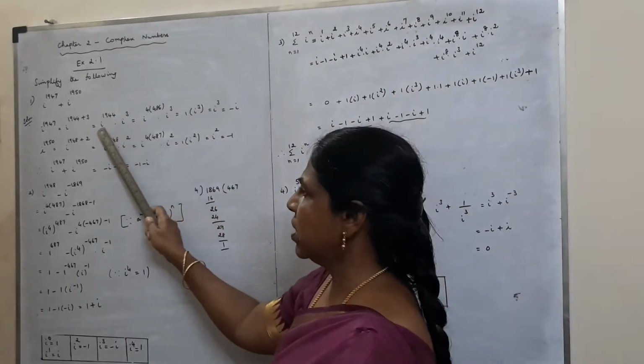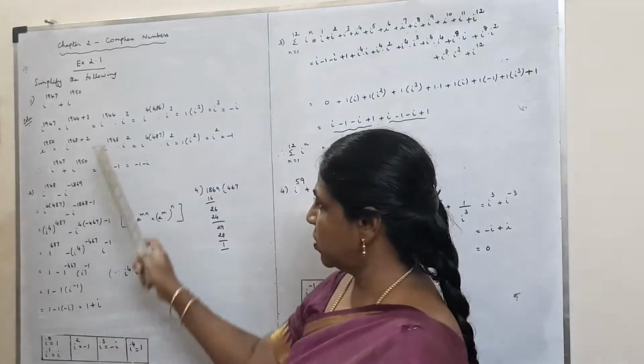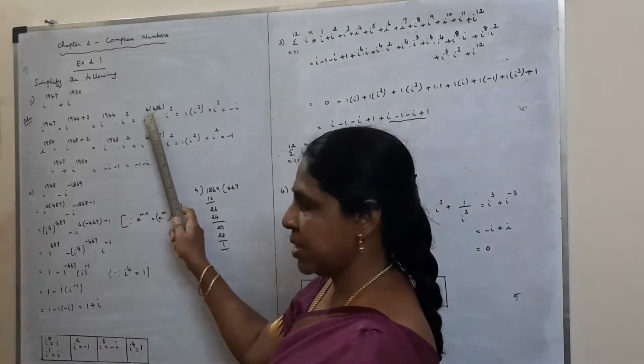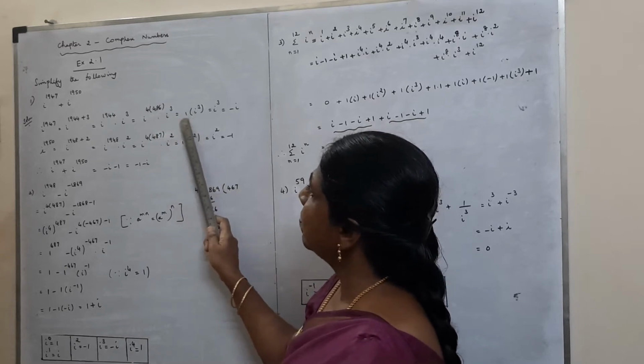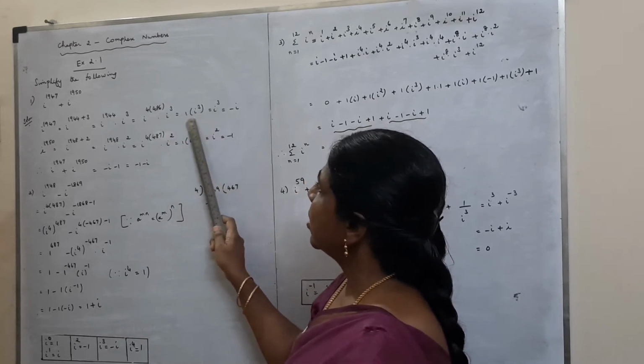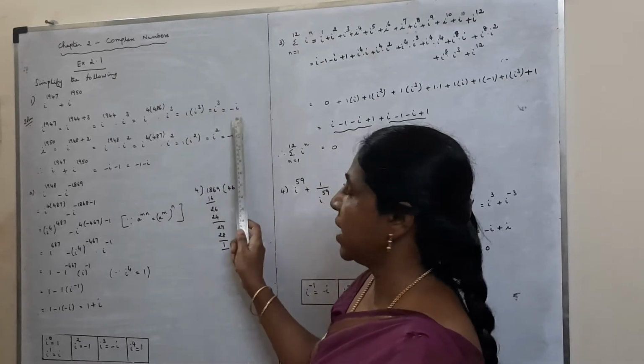Directly also you can put 1, since 1944 is a multiple of 4, or you can show that step. So 1 into i cubed is i cubed, and the value of i cubed is minus i.